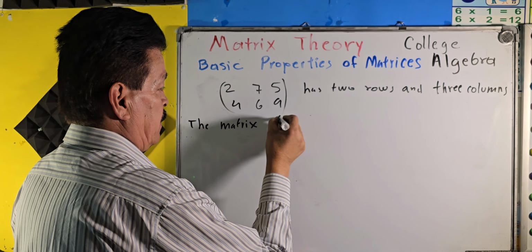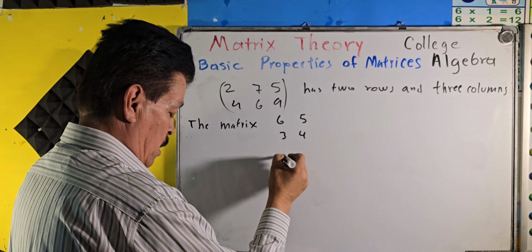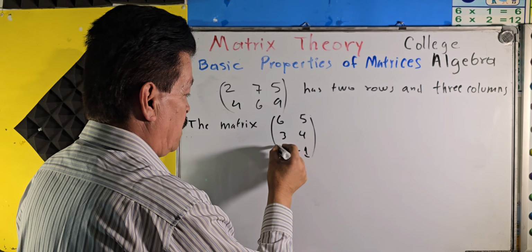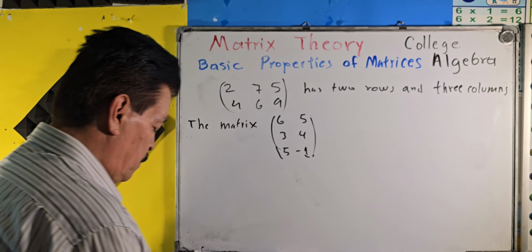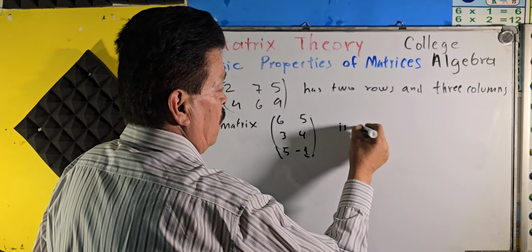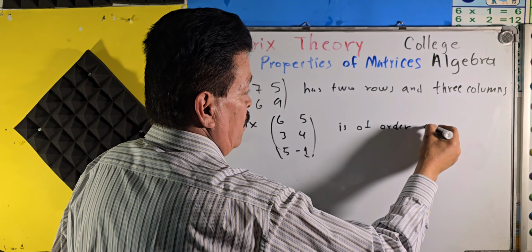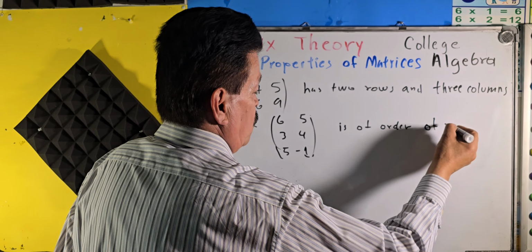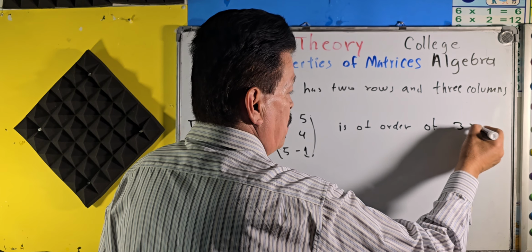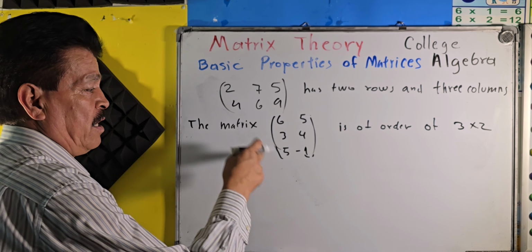Let me write 6, 5, 3, 4, 5, -1. This matrix is of order 3 by 2. Okay, this is a 3 by 2.